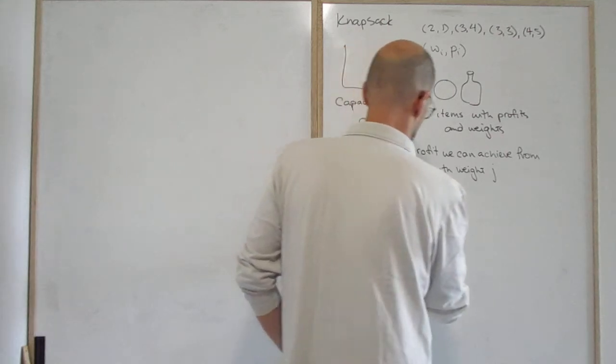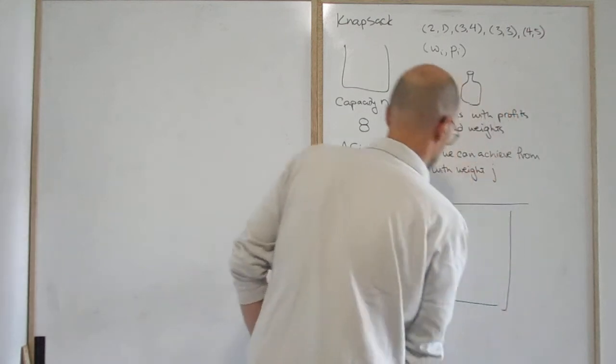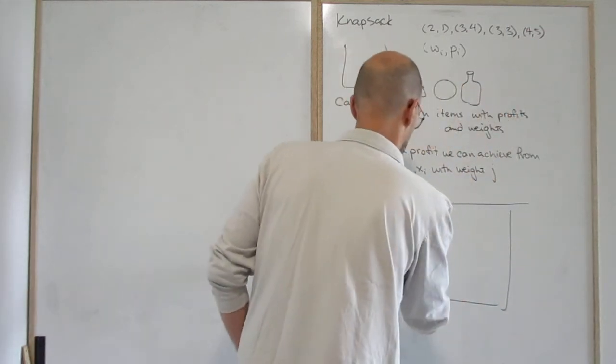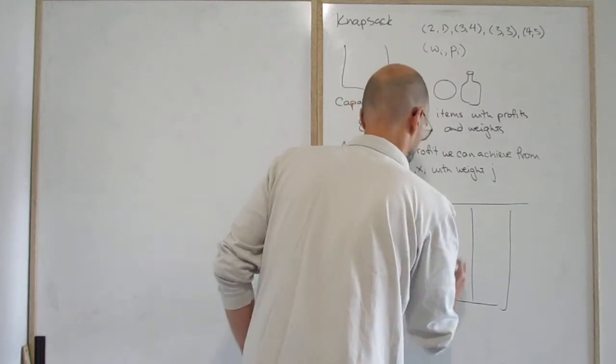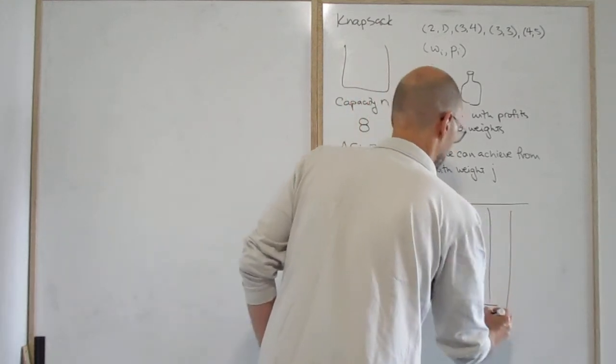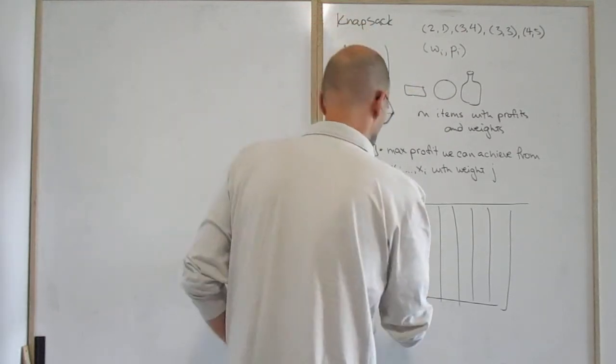Okay, so once again, we write the matrix. How many of these things do we have? We have 4.